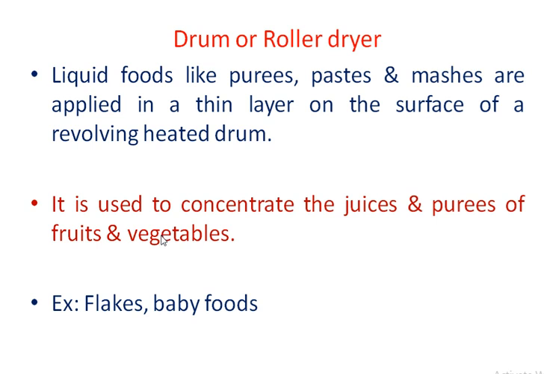Fruit purees, pastes or mashes can be applied over the heated drum, and using the heat the moisture will be removed and the dried product can be collected in the form of flakes. For example, we can prepare any type of flakes, and baby foods can be dried using this drum or roller dryer.